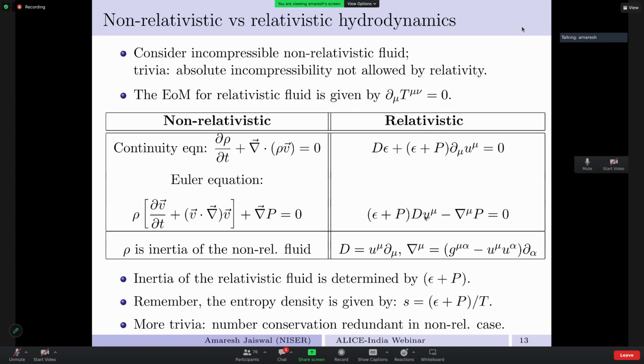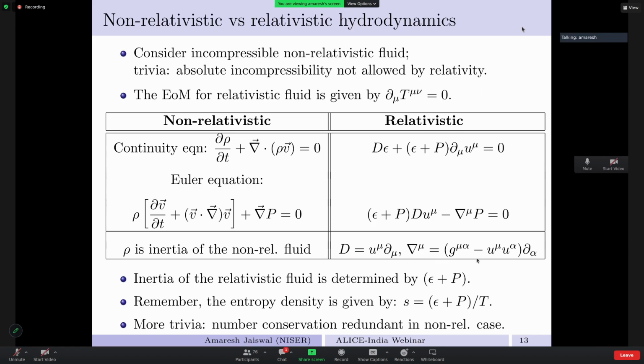The derivatives I have defined here, these two derivatives, D and nabla^μ, are just a convenient way to have an intuition. D behaves roughly like a time derivative, a derivative along the fluid velocity, and nabla is roughly a space-like derivative, a gradient.